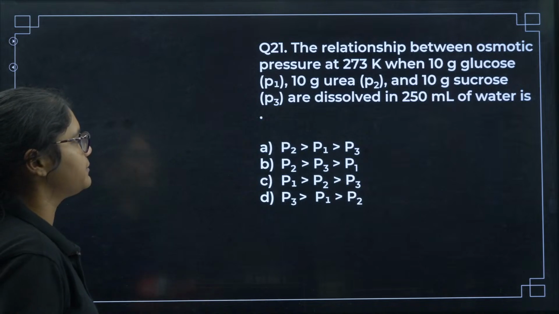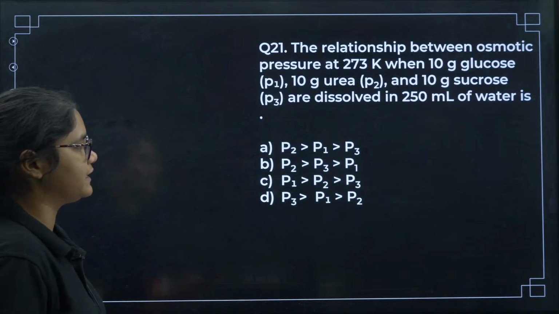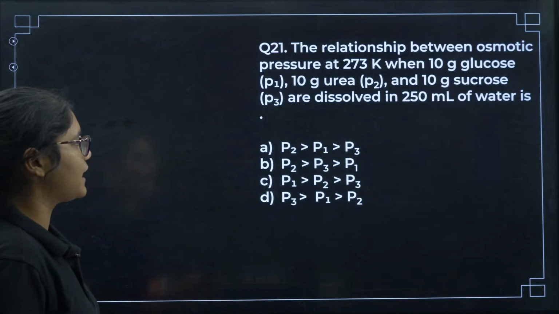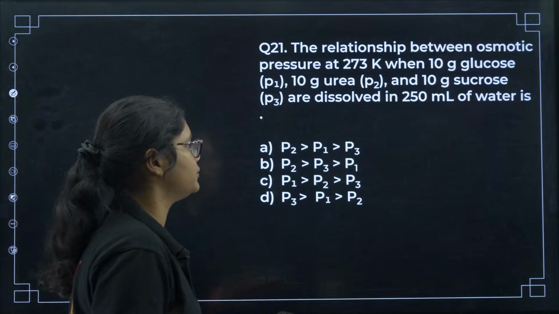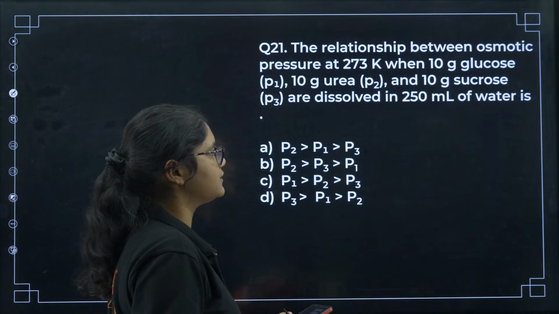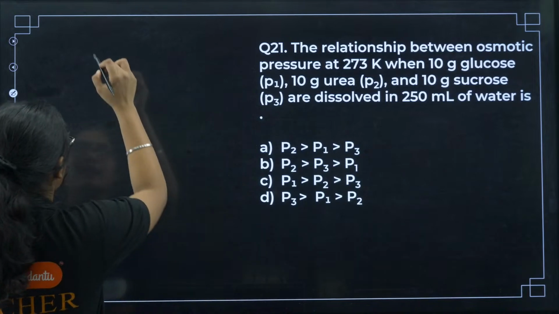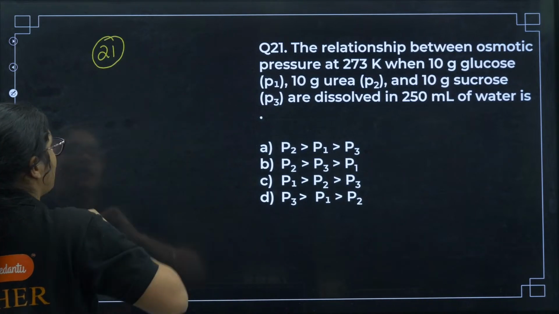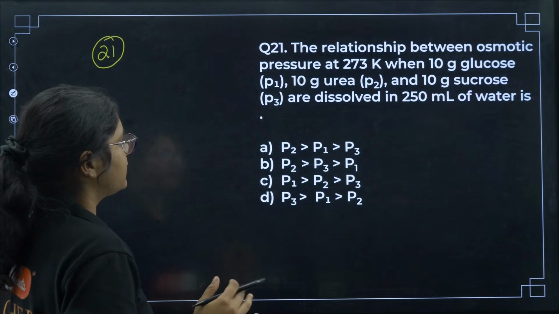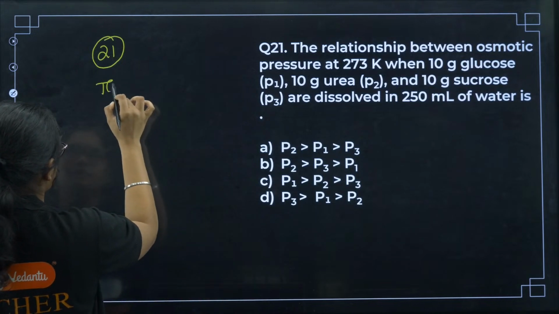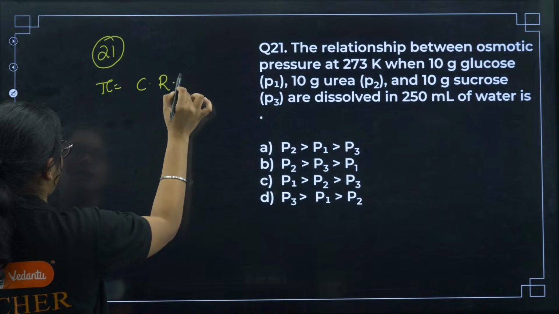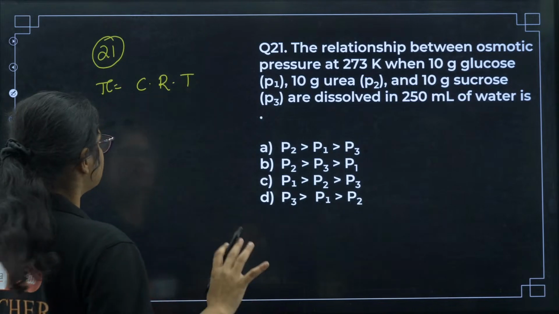Next, the relationship between the osmotic pressure at 273 Kelvin when 10 gram of glucose, 10 gram of urea and 10 gram of sucrose are dissolved in 250 ml of water. So here we have osmotic pressure, right? So pi is equal to CRT.